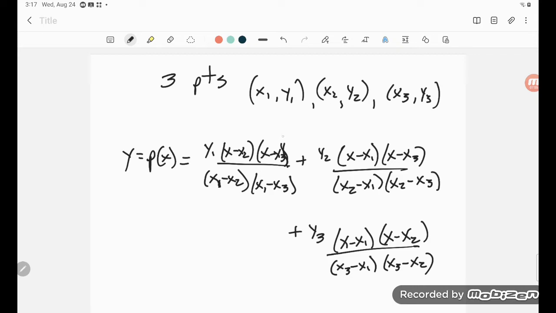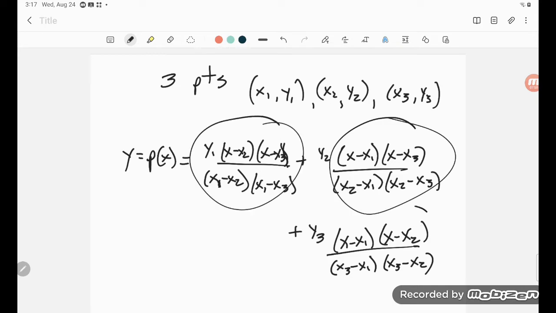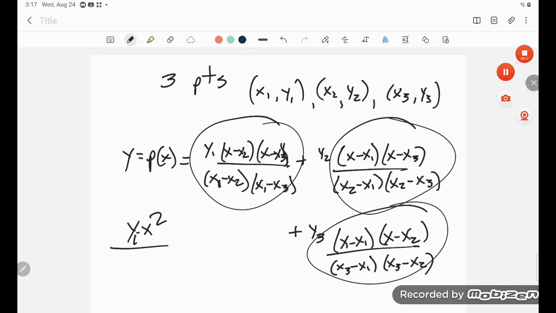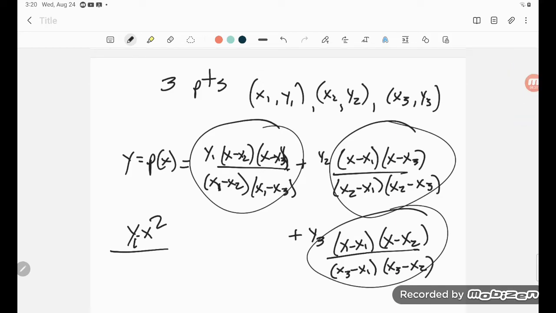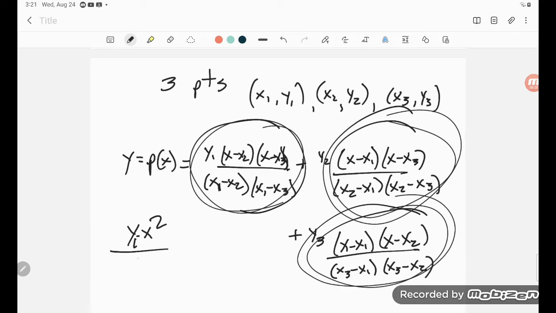Notice each of these is a quadratic. I'm going to get y times x squared divided by something. They're each a quadratic, and when you add 3 quadratics together, you get a quadratic. And so we would get a quadratic polynomial through those 3 points.